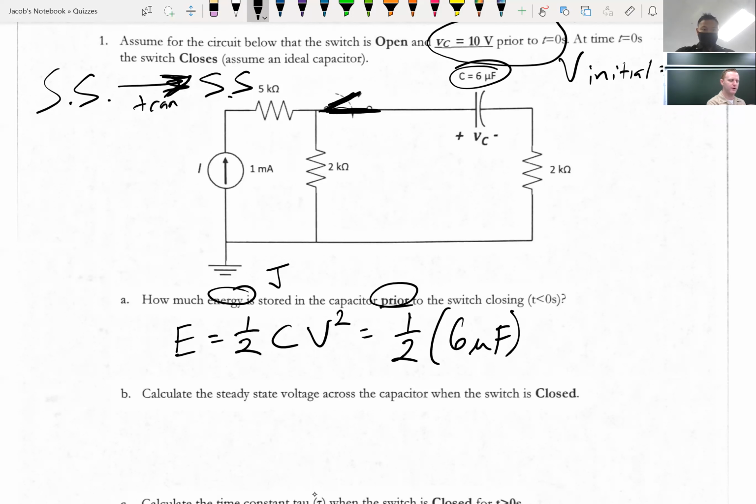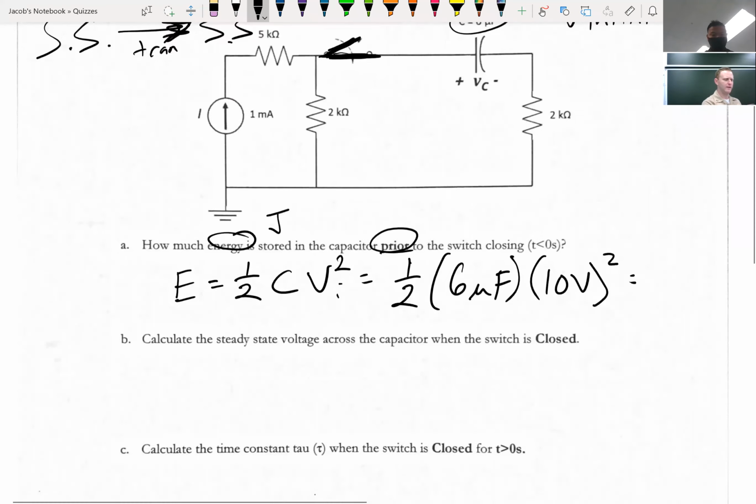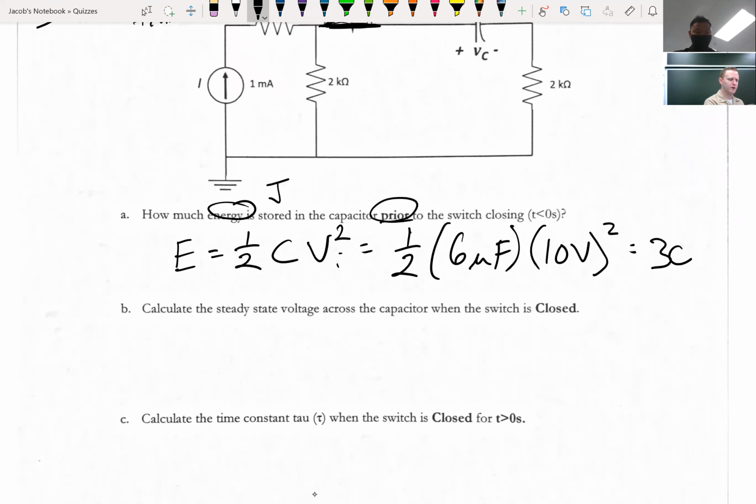C equals 6 microfarads. And the V is that initial voltage because it wanted to know prior to the switch closing. It had 10 volts squared. And that comes out to 300 millijoules, or is it microjoules? 600 microjoules.